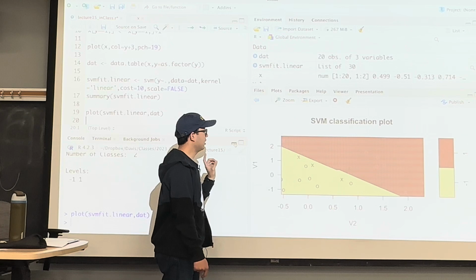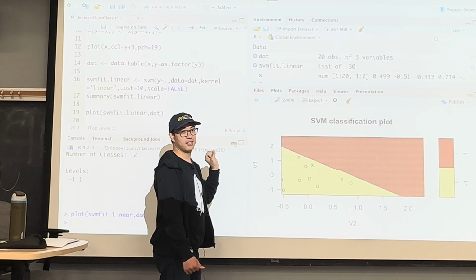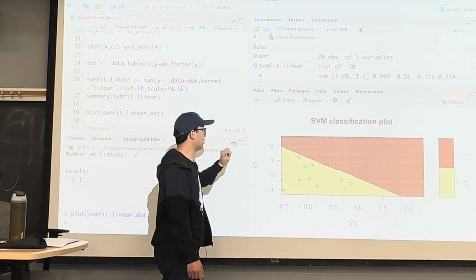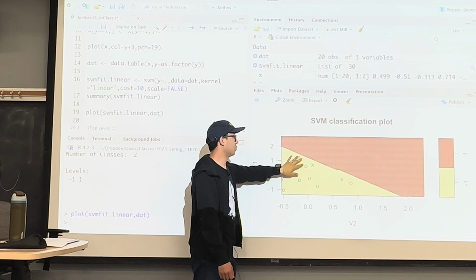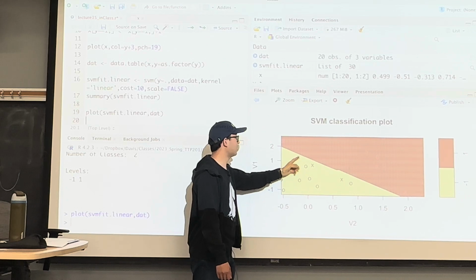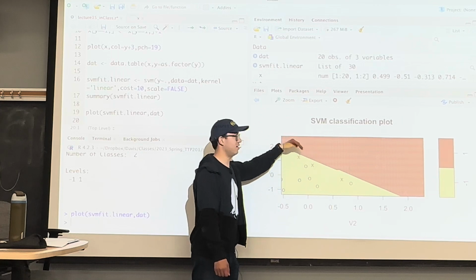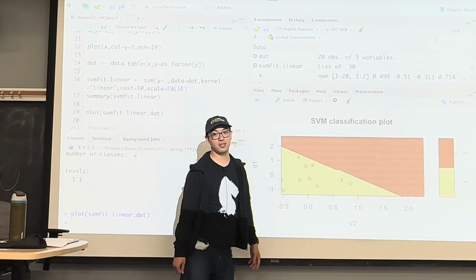The x's, what do you guys think the x's are? Violation? So it's actually not the violations. The x's are the support vectors that define this hyperplane.